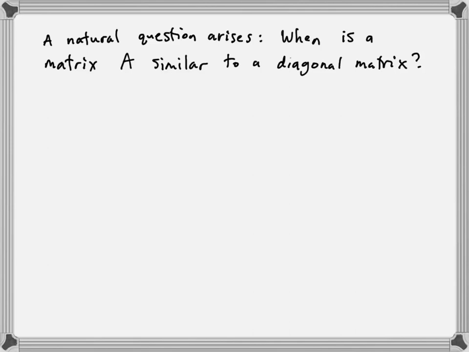Okay, this is the idea. The idea here is if a matrix is similar to a diagonal matrix, then that means it's possible to find the eigenvalues much easier. Okay? So this is a theorem that answers this question, okay?